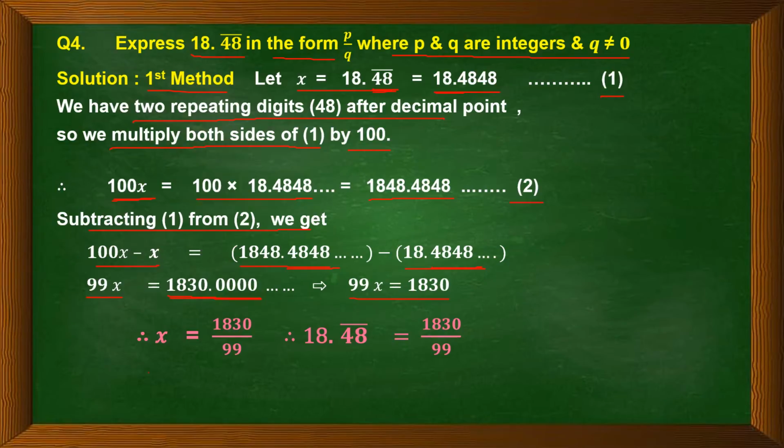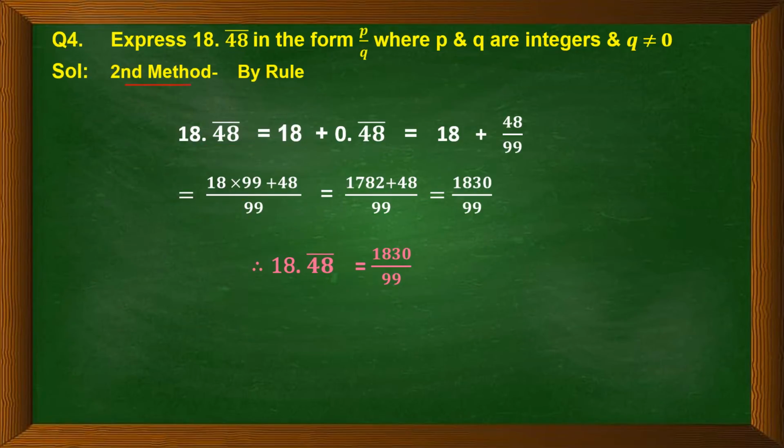Further, x is equal to 1830 upon 99 because we are going to cross multiply and get the value of x. Now what was x? X was 18.48 bar, which is equal to 1830 upon 99. So this is the p by q form, 1830 upon 99, right?